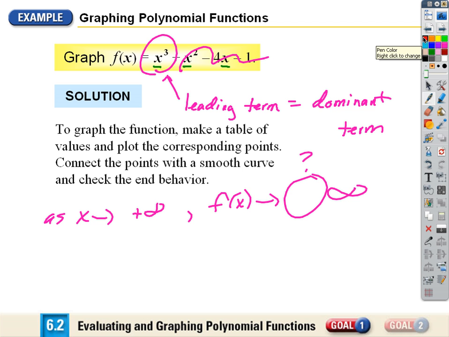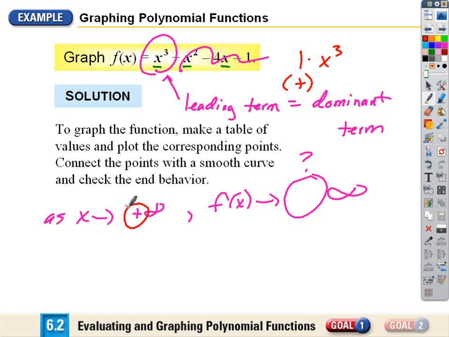If we look at the dominant term here, the dominant term is 1 times x cubed, isn't it? There's an invisible 1 out front. We always want to consider the coefficient and then the power of x. So 1x cubed, as x approaches positive infinity, what's the overall sign going to be? Well, 1 is always positive. x is a positive number, right?